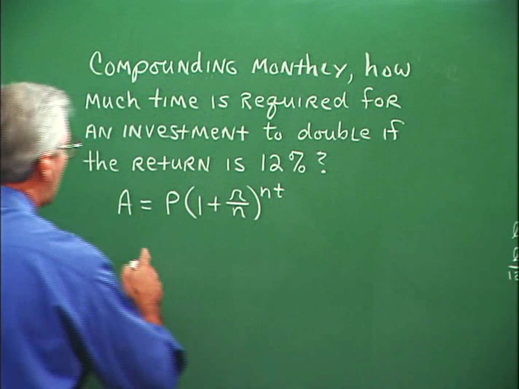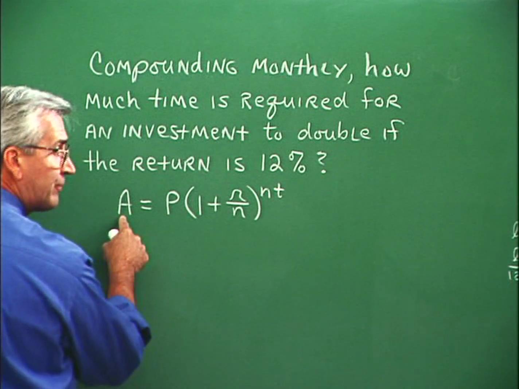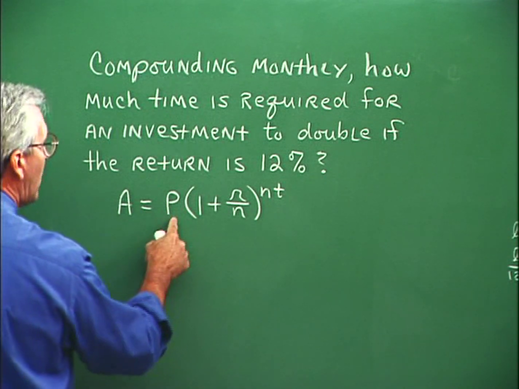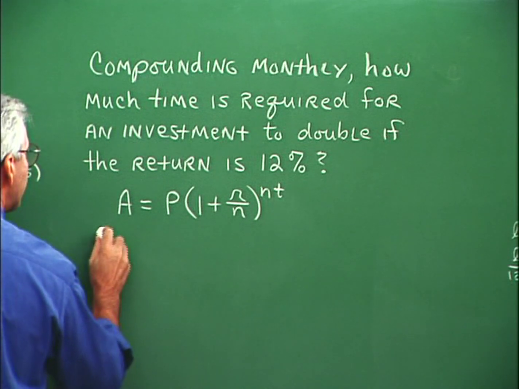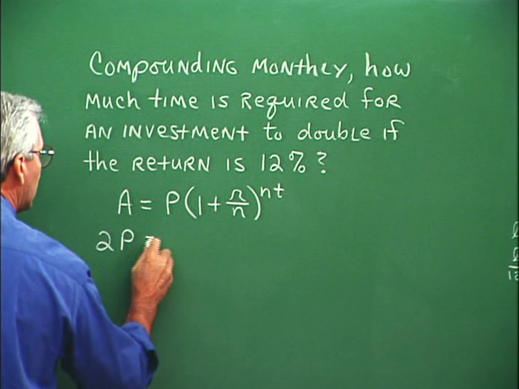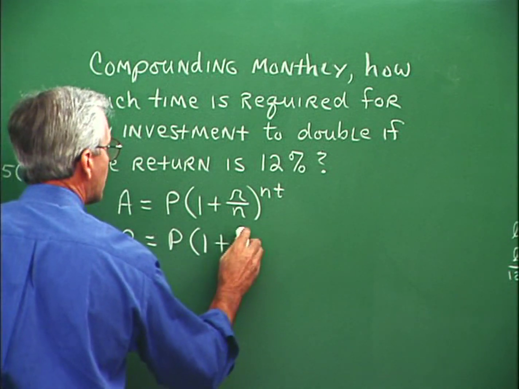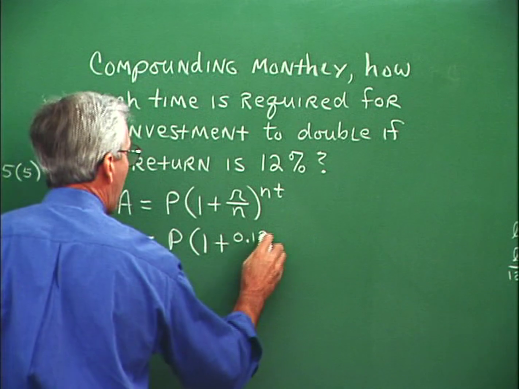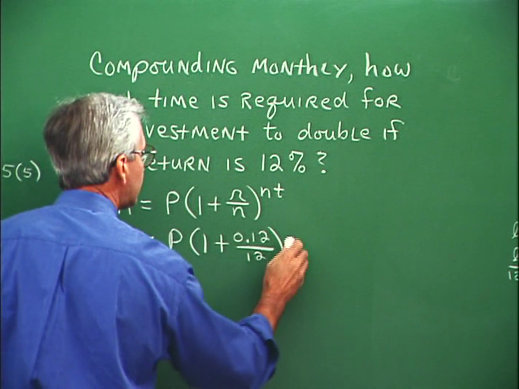And the way to deal with this in terms of the model is like this. The amount is just double the amount that we're putting in. So we're replacing now for the A, it's 2 times the original investment. Interest rate is 12%. Number of compoundings, let's see, monthly, that's 12.